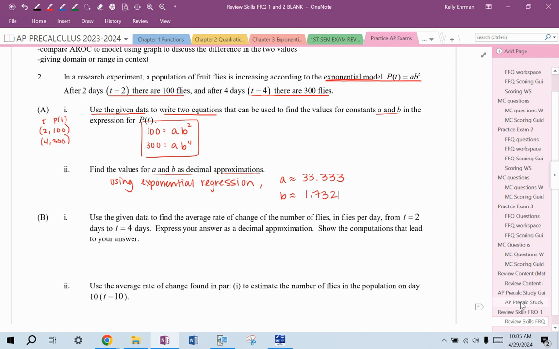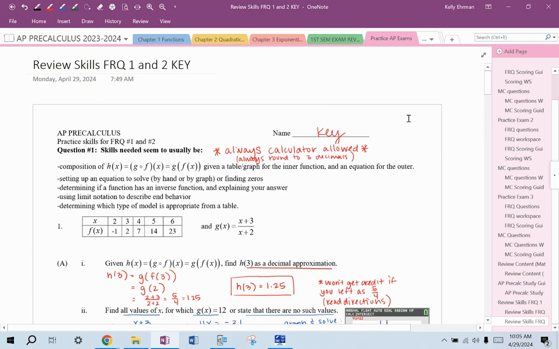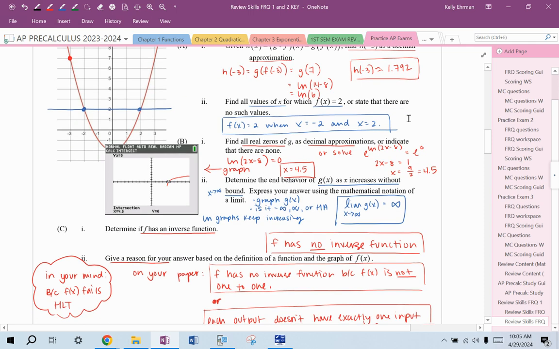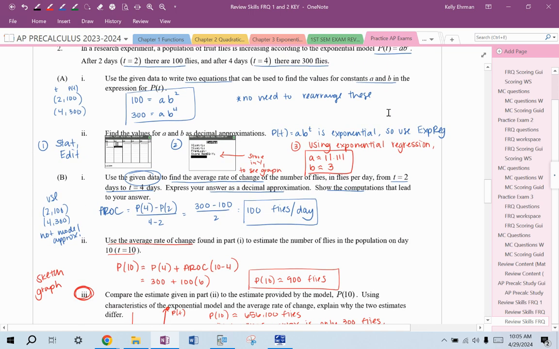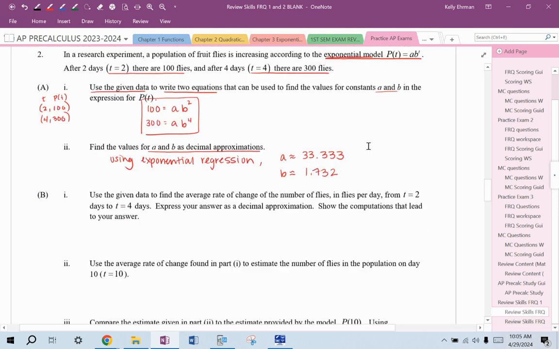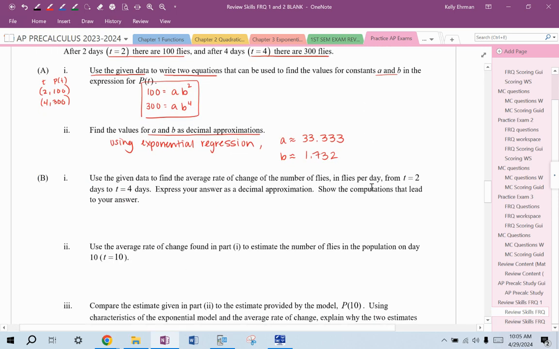Okay, and now that I'm looking at that, sorry, I want to check my answer key that I posted because those are not familiar numbers and I'm wondering if I typed it in wrong on my key. Yeah, oops, I put in 3. Okay, I'll fix the key. Sorry. All right, anyway, this is correct. So these are the 2 values for A and B. You don't have to show algebraically how you get those.